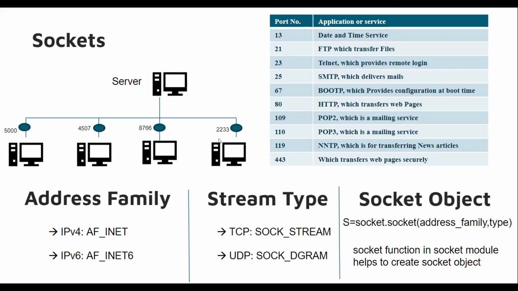Now, there are many port numbers assigned to each and every client on which they join. So 5000, 4507, these numbers are nothing but port numbers. If you are programming with these sockets, it becomes socket programming, or you can say network programming. That is how socket programming is named in Python.